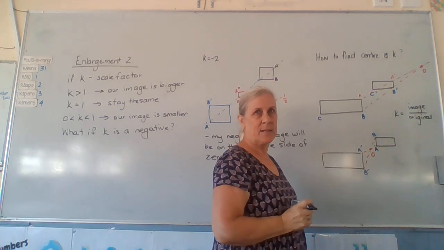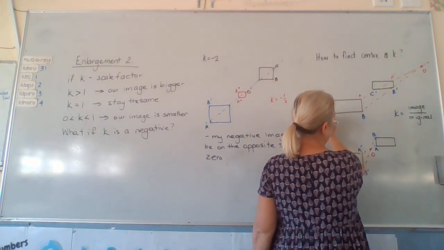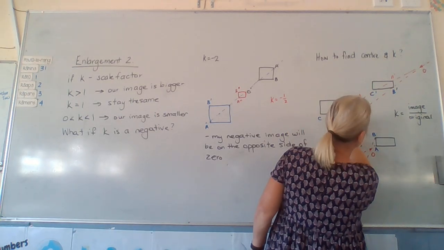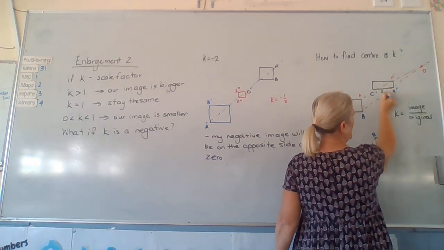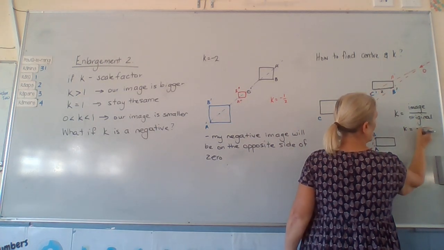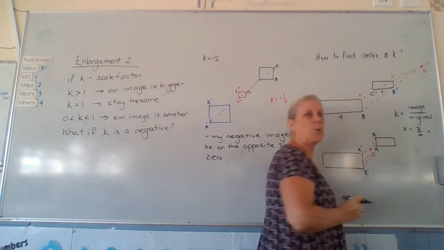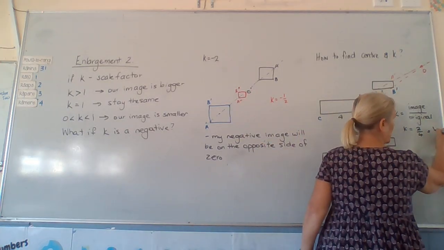So if I've got that this is 4 squares and this one 2, then K in the top one is image 2 over original 4, which is the same as what? What's 2 over 4 the same as? Taylor? 1 over 2. Good.